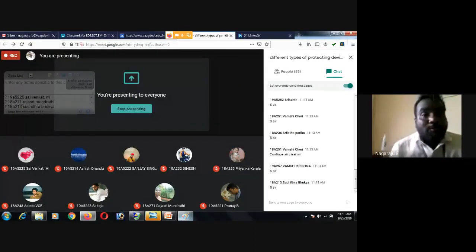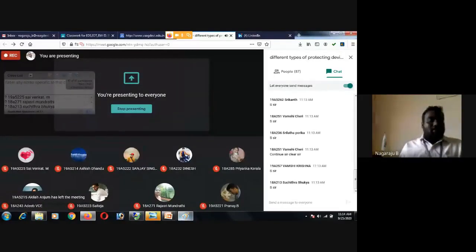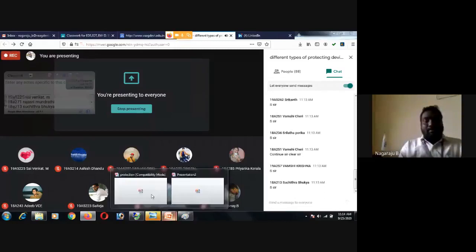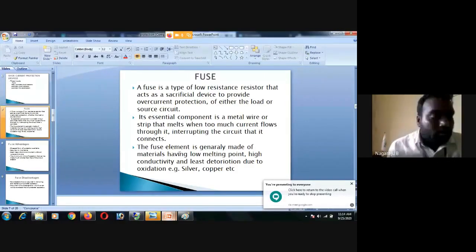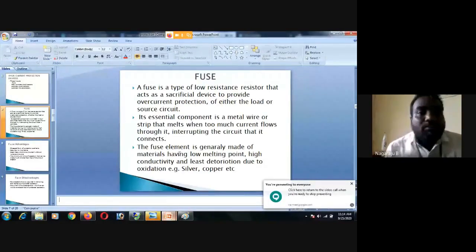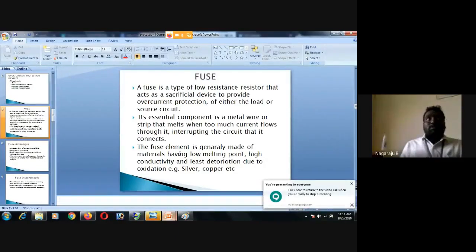More than 600 volts are categorized for the distribution system, and automatically these types of fuses are called fuse cutouts. Fuse cutouts are power fuses for more than 600 volts. All of you remember this.